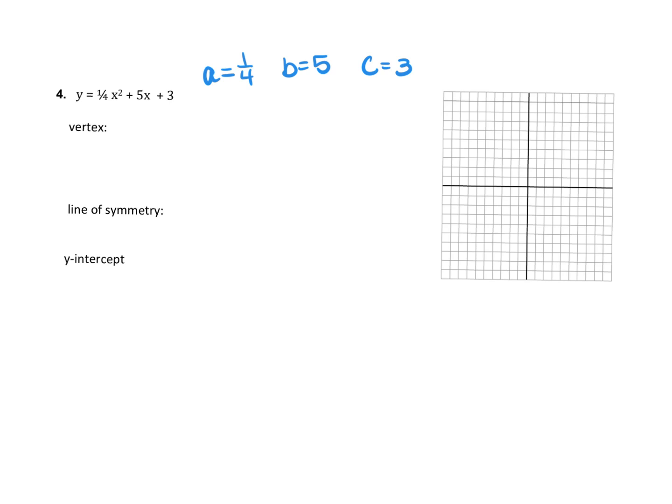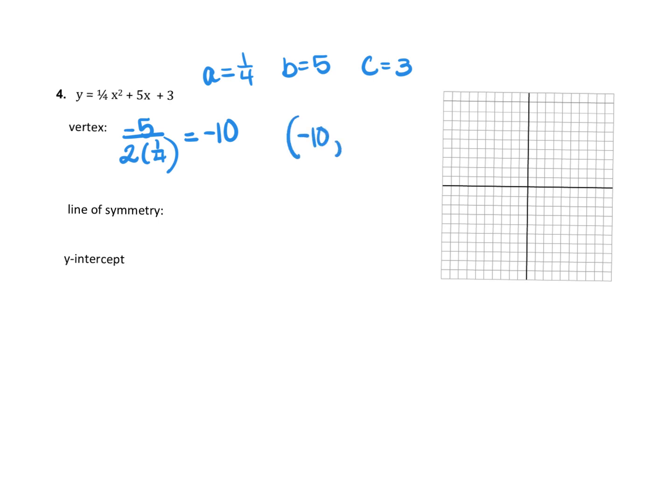We have -b, so -5, all over 2 times A. So -5 divided by 2 times 1/4, we end up with -10. So that means that our x value is -10.